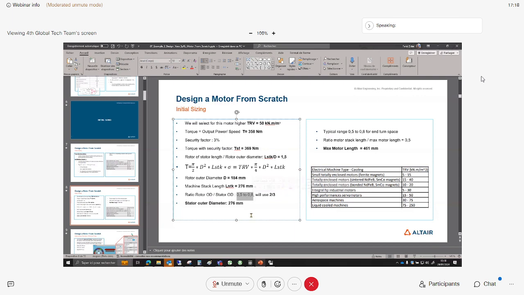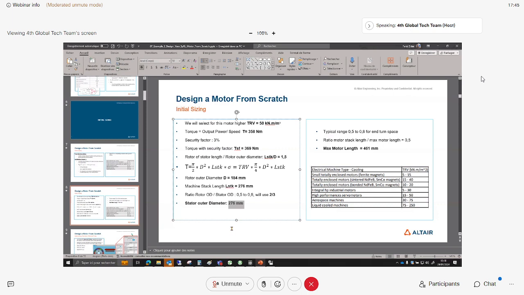If we take 2/3 as the ratio, then we will have this outer diameter of the stator. So once again, as you can see, when we start from a white page, there are a lot of parameters like this to fix in order to get something to start with.